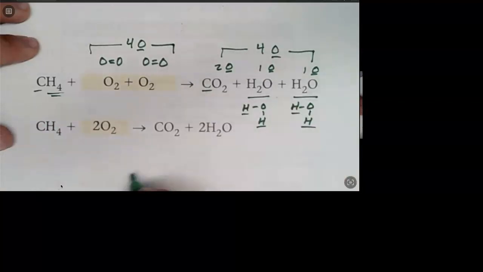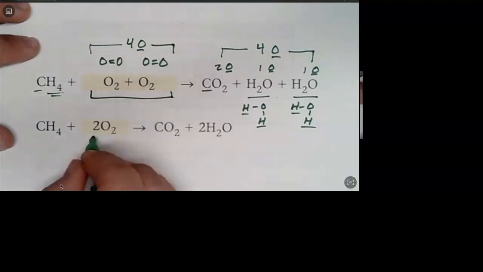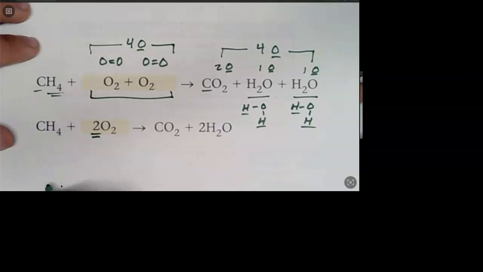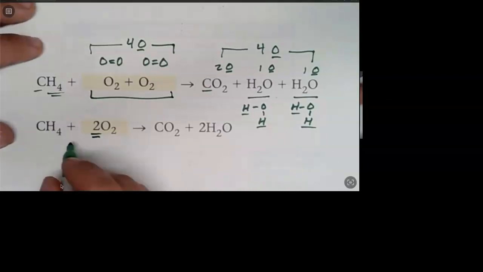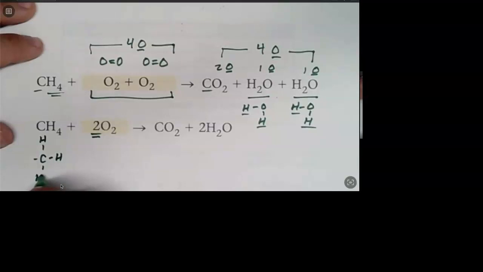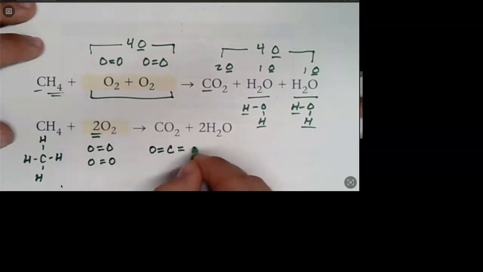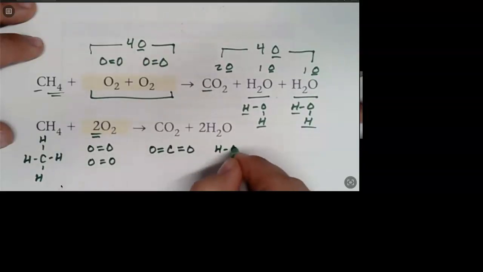Since I have 2 oxygens here, I put a 2 right in front of the oxygen. Okay, and what this means is that I have 1 methane and 2 oxygen molecules. And that forms 1 carbon dioxide molecule and 2 water molecules.